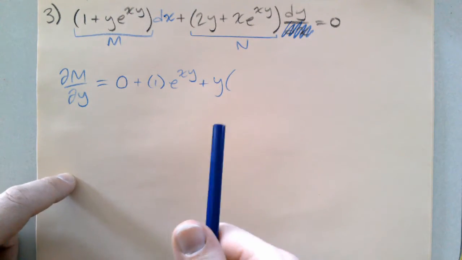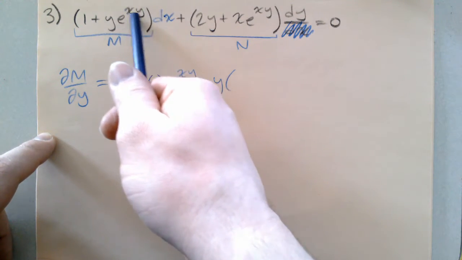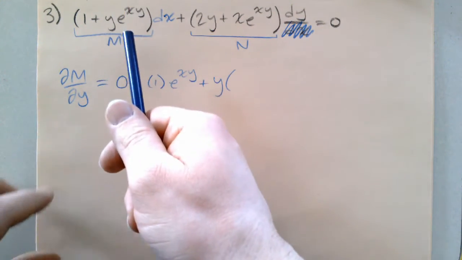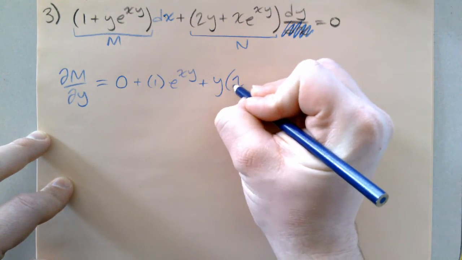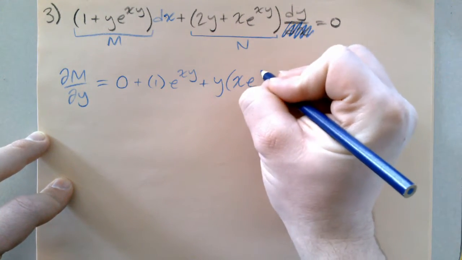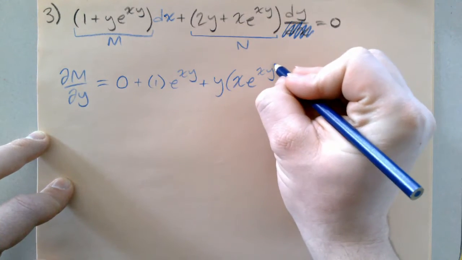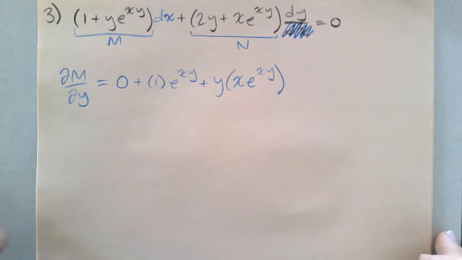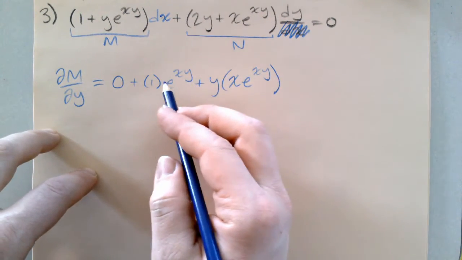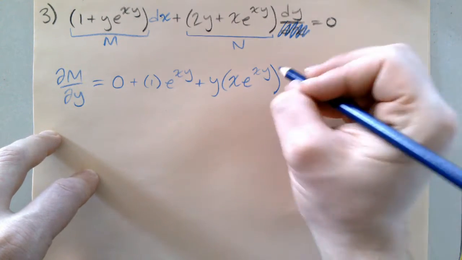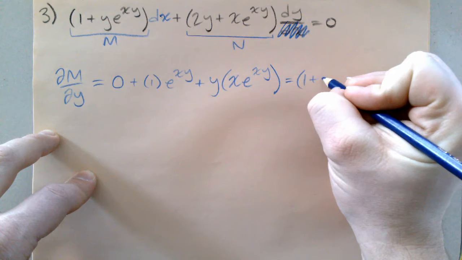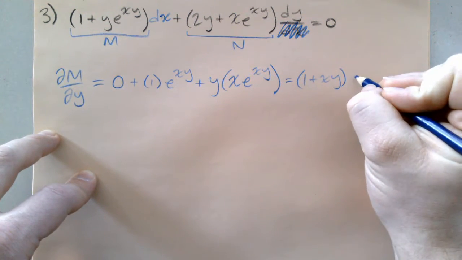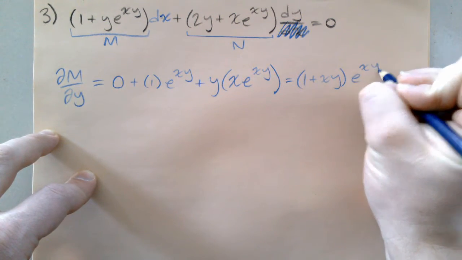The y is treated like an actual variable, but the x is a constant. So it'll just come down where it's x times e to the xy. So if we do a little bit of simplification here, we can see that we have an e^(xy) on both of those terms. So we can just say it's 1 plus xy times e to the xy.